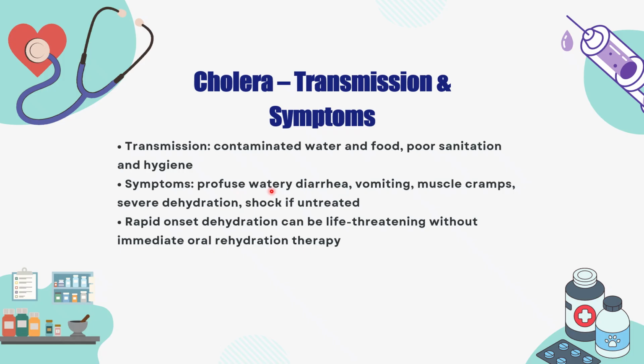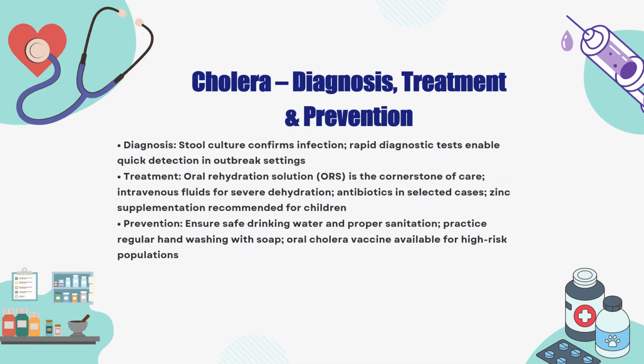Profuse watery diarrhea is continuous diarrhea. Vomiting may be seen, and muscle cramps are also seen because of dehydration. Severe dehydration can be caused by profuse watery diarrhea. There will be shock if it is untreated, and then death may happen. The rapid onset of dehydration can be life-threatening without immediate oral rehydration therapy.